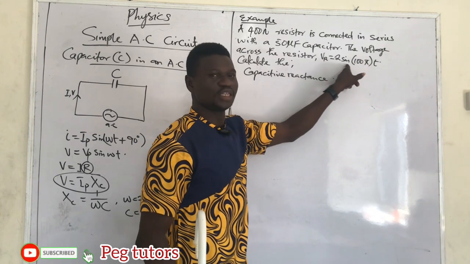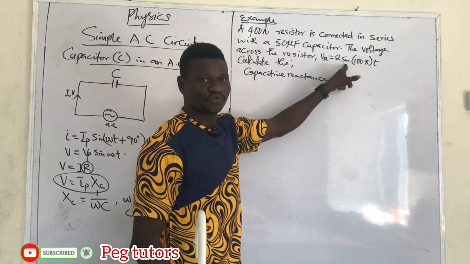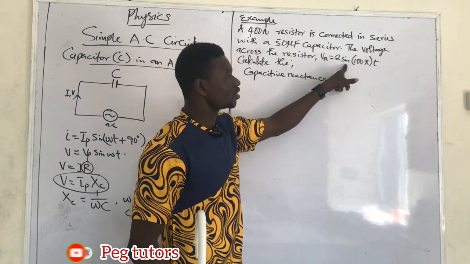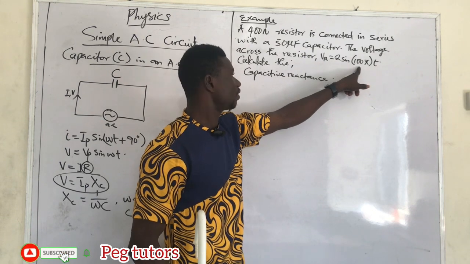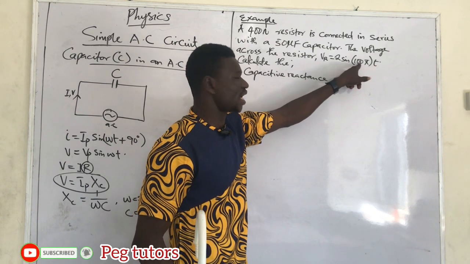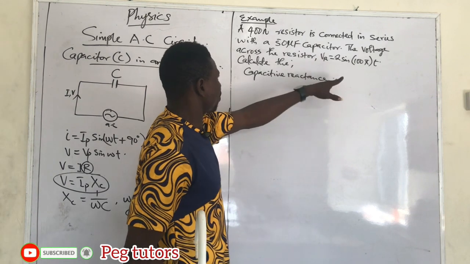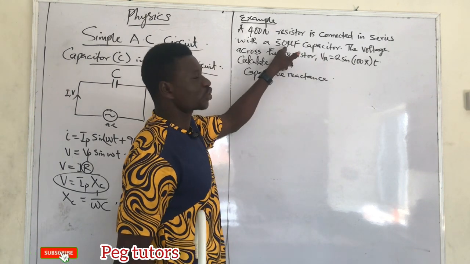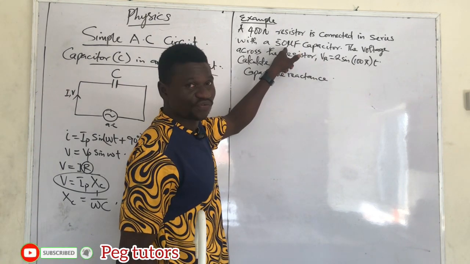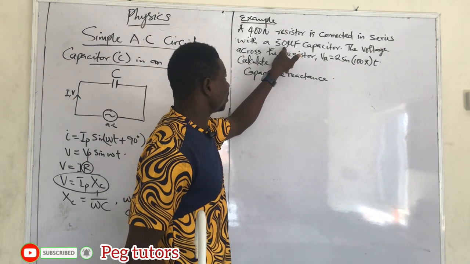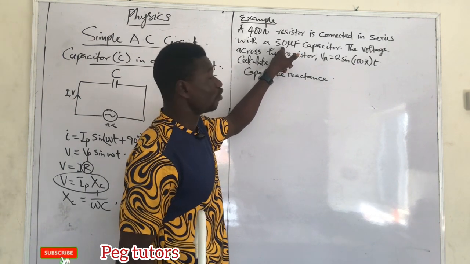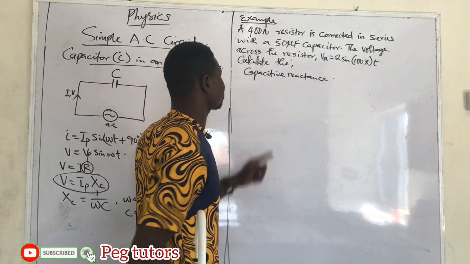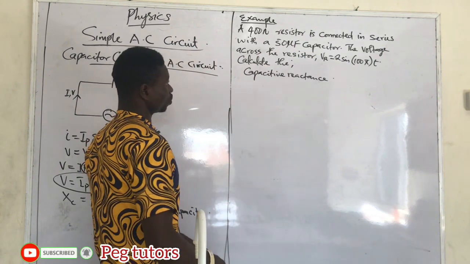Remember this formula is for AC voltage, sine wt, and the w there is 100 pi, so when we are solving, we should note that. Also, capacitor is measured in farad, but they put it in microfarad, which is times 10 raised to power minus 6, so convert that before you solve.